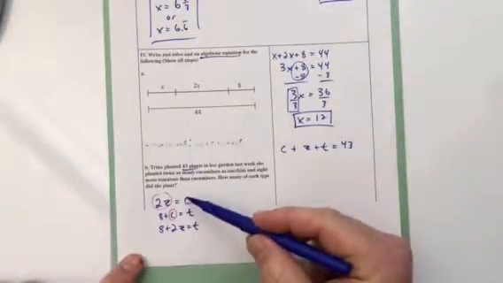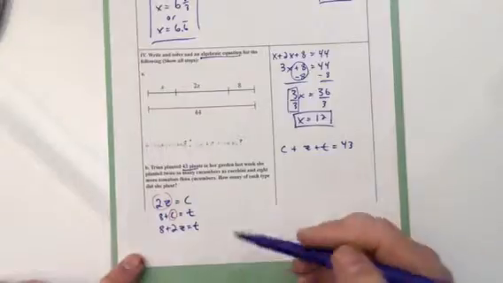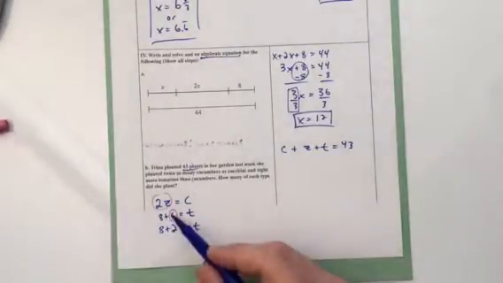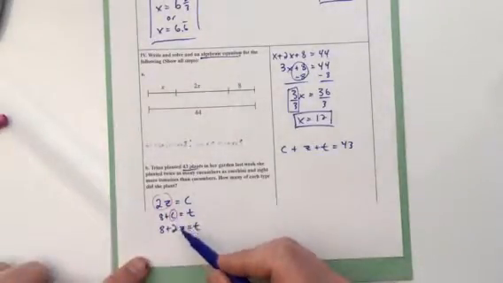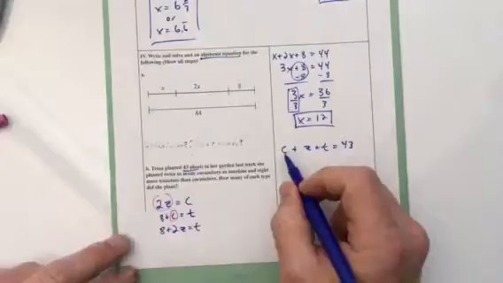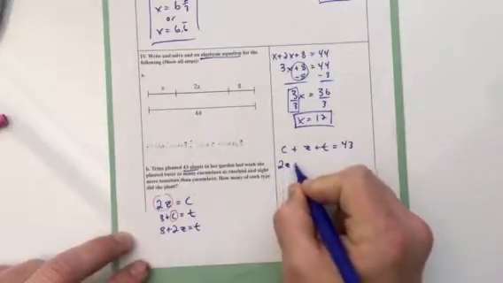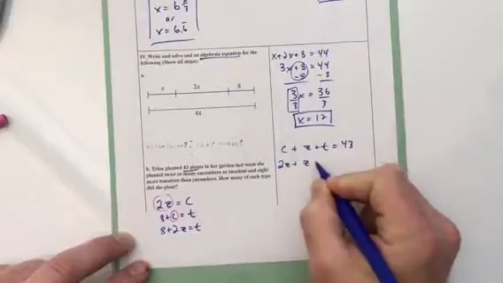And now I know I can relate cucumbers to zucchini and tomatoes to zucchini. Since cucumbers equal 2z, whatever z is, if I double it and then add 8, that gives me tomatoes. So now rewriting this, instead of cucumber, I'm going to write 2z. I'm going to bring this z down.